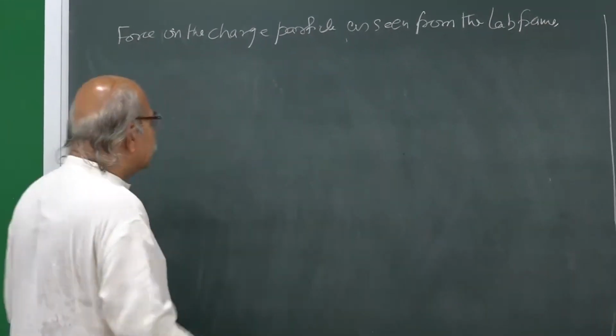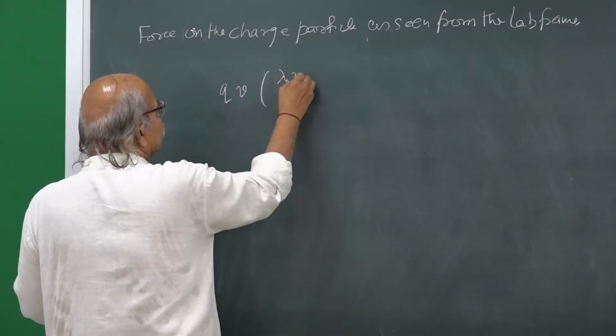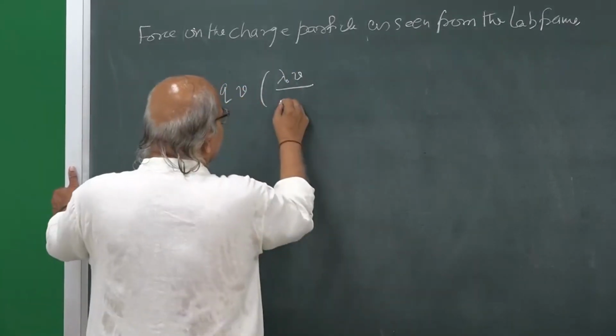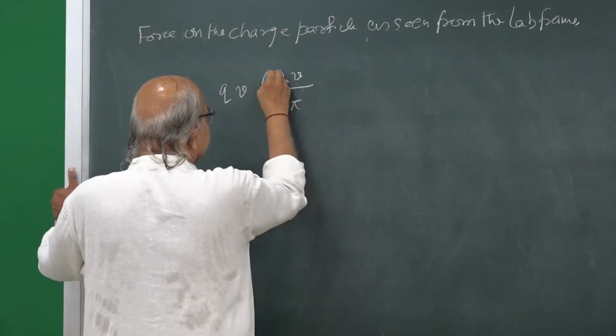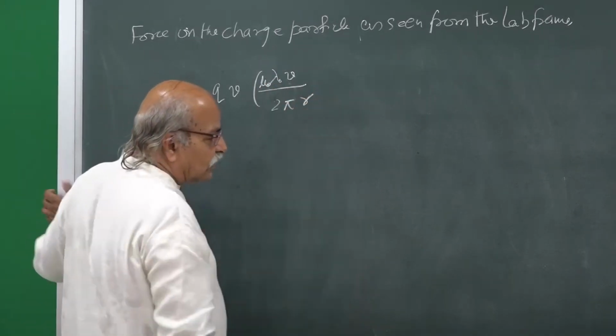And that will be q into v and into lambda naught v divided by 2 pi r, with mu naught here, 2 pi small r.